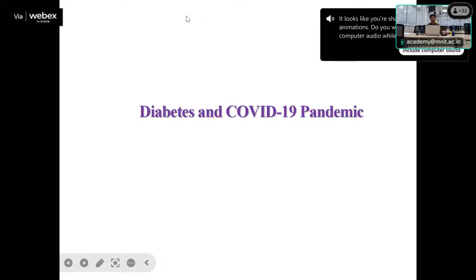Diabetes has a very close relation with any pandemic, and the recent pandemic is COVID-19. During the diabetes slide, we talked about India being second and China being first. China was heavily impacted during COVID because the diabetic patients are higher over there.